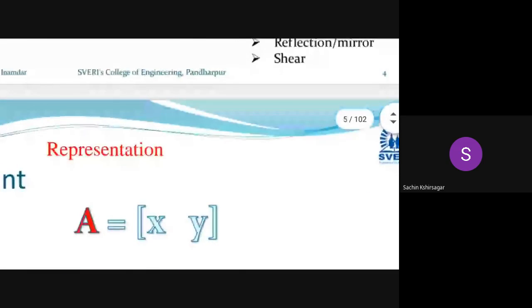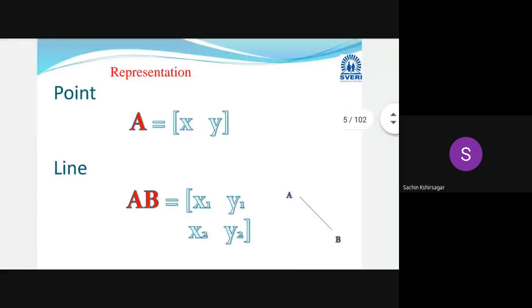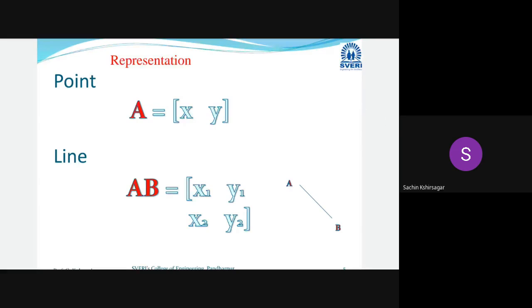For that purpose, first the representation of a point. This is a very basic thing: how to draw a point with the help of equations in software. A point is shown as x and y.